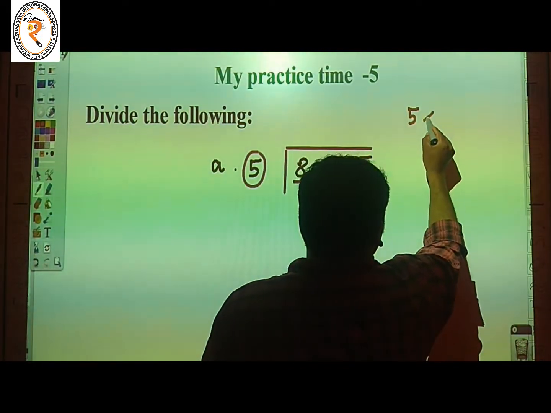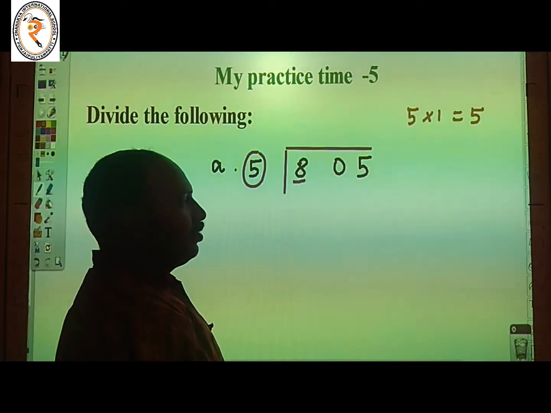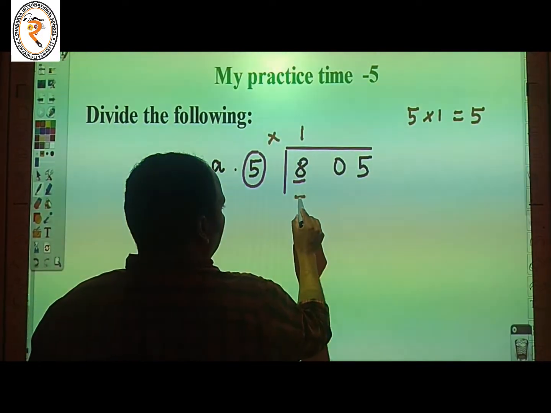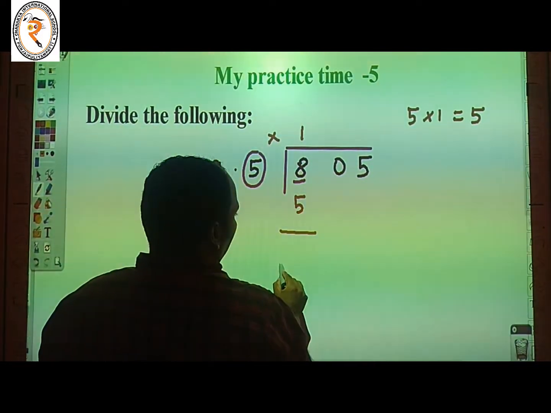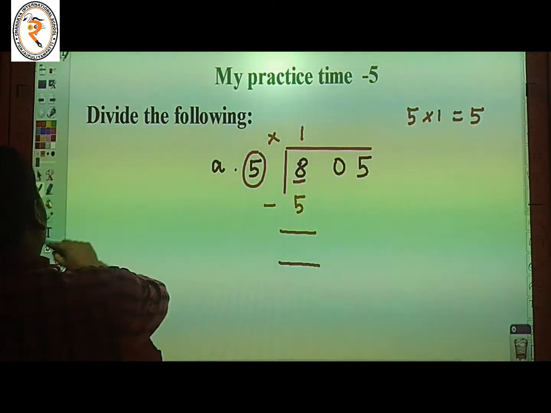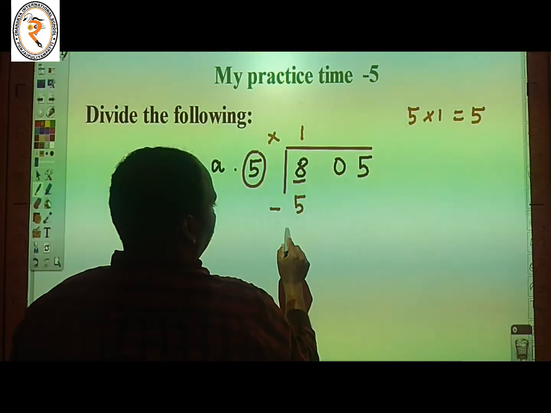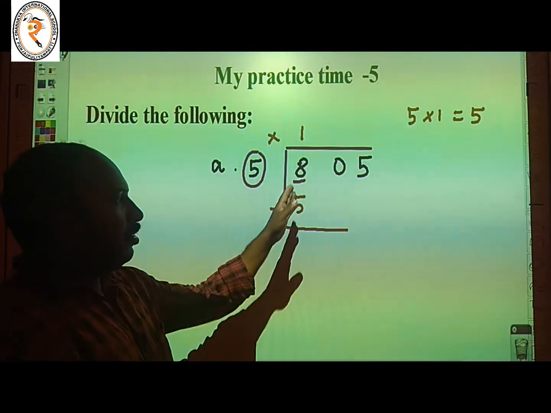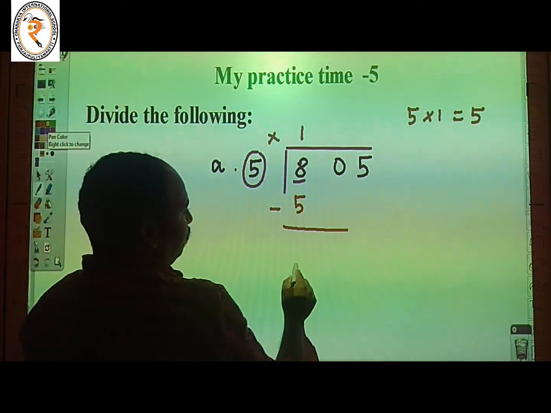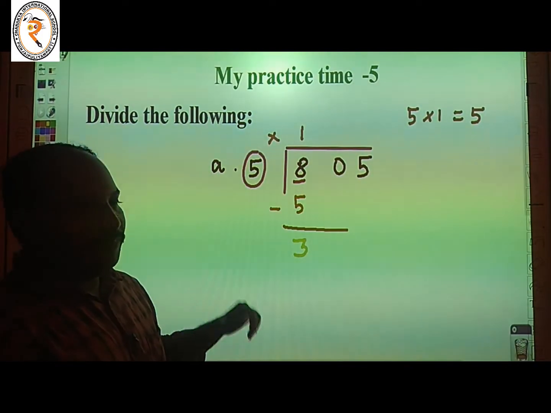5 into 1 is equal to 5. Next we subtract: 8 minus 5 is equal to 3. 3 is not divisible by 5.